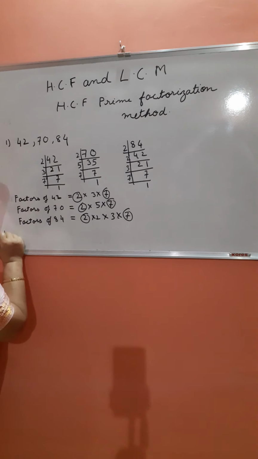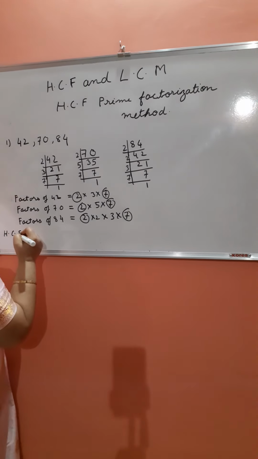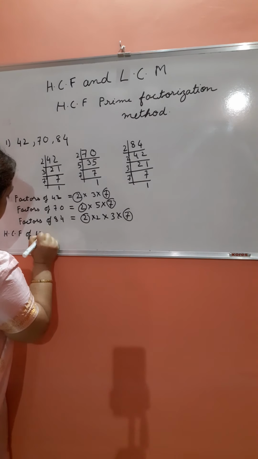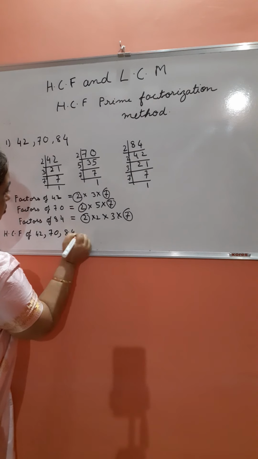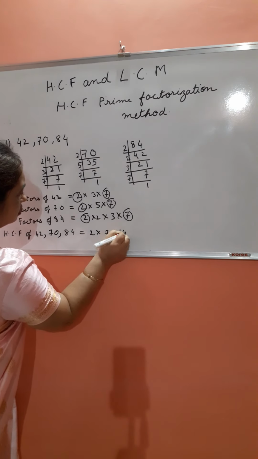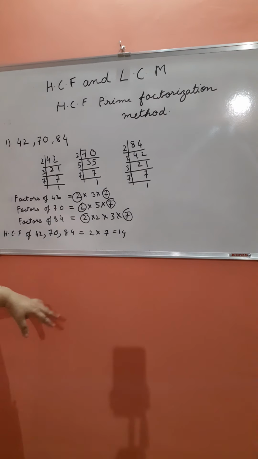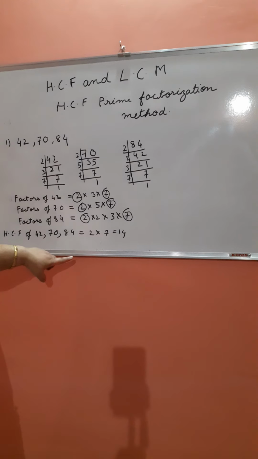So HCF of 42, 70, 84 equal to 2 into 7, which is 14. Okay, so this is the prime factorization method.